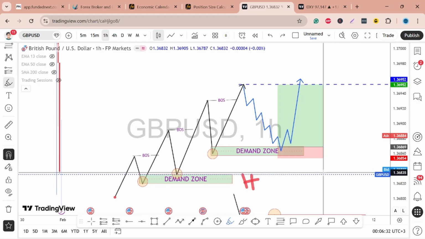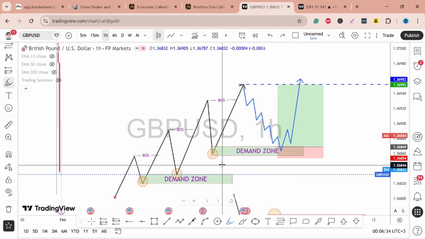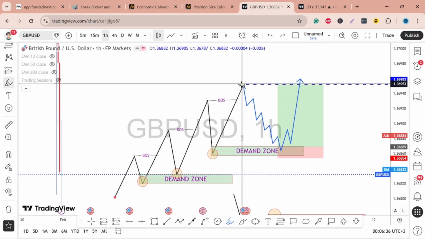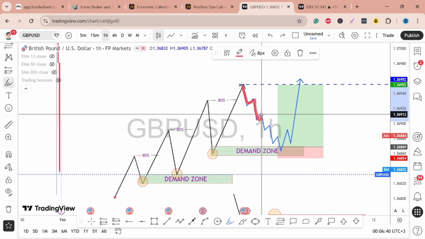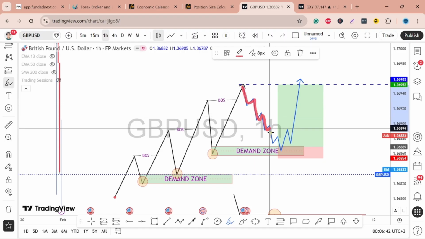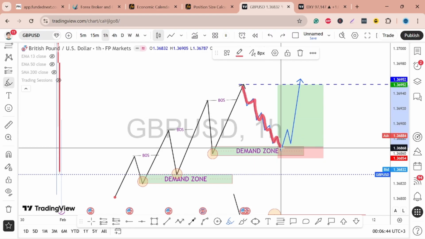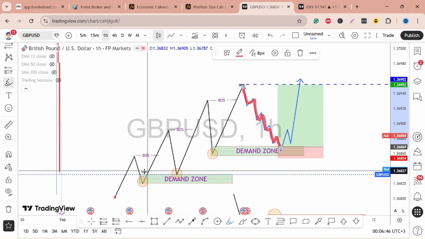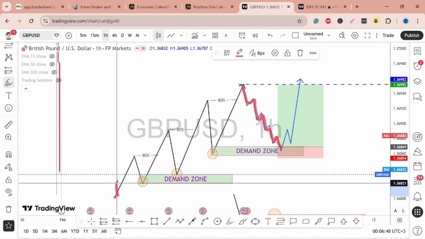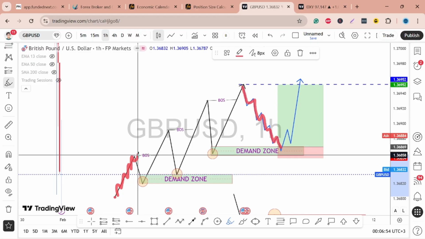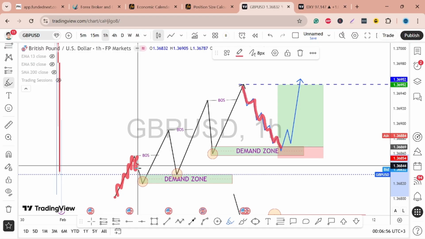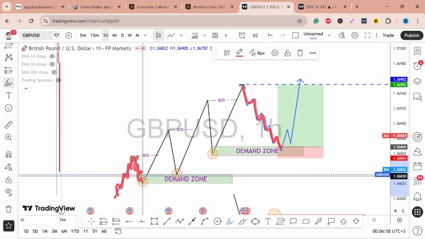Once we have daily or H4 zones, then when the price is pulling back into these zones, on a lower time frame, let's say M15, the market will be making lower highs and lower lows. Remember, even during the impulse phase here, we have a mini trend on M15, the lower time frame, which is making higher highs and higher lows, and we have also a mini trend here.